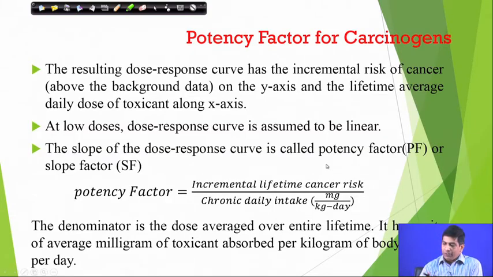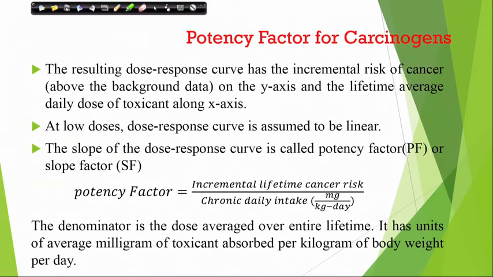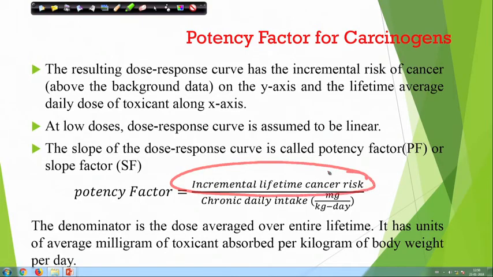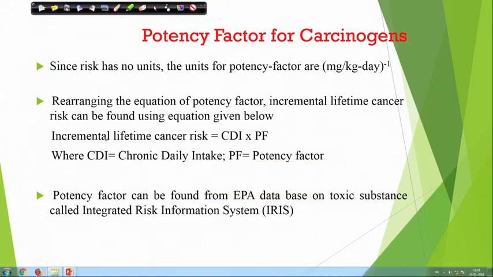If you are interested in the incremental lifetime cancer risk, which is what we try to do in the next slide, it is CDI, the chronic daily intake, times the potency factor. So, we just rearrange that equation.